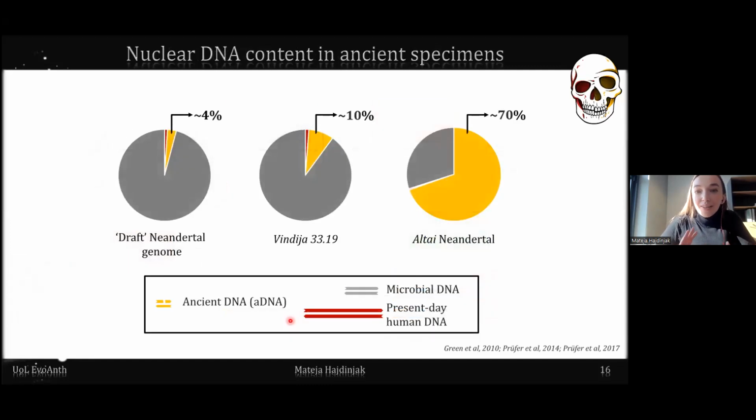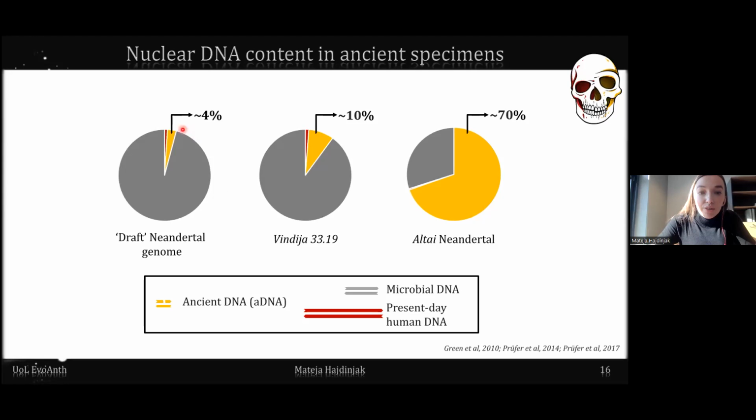And this is just an illustration of the nuclear DNA content we have in different ancient specimens. So the 2010 paper, which was the first draft Neanderthal genome, was actually a composite genome from 3 different bones of Vindija Neanderthals.